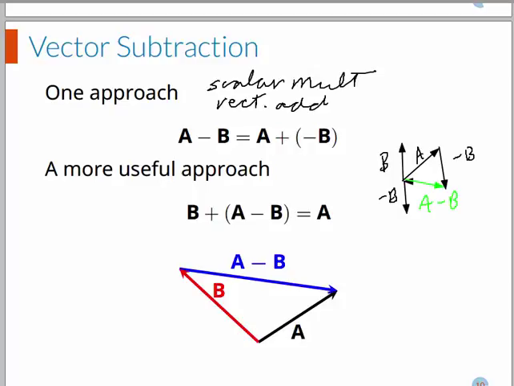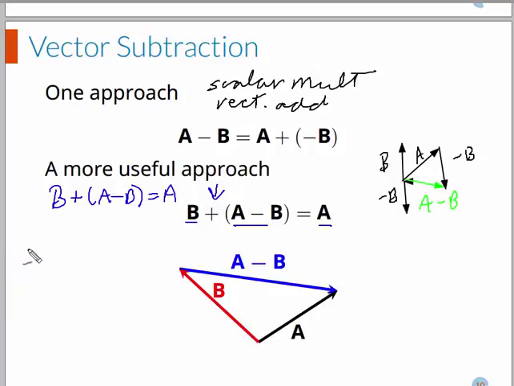Okay, that's one way to do it. It's not the handiest way, and it's not the best way. So let's look at a different approach. If we have B and we add to it the quantity A minus B, of course, the B's are going to subtract out, and all we get is A. So this is a vector addition problem because this is a vector, and this is a vector.